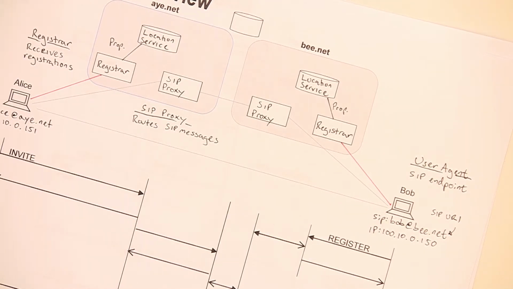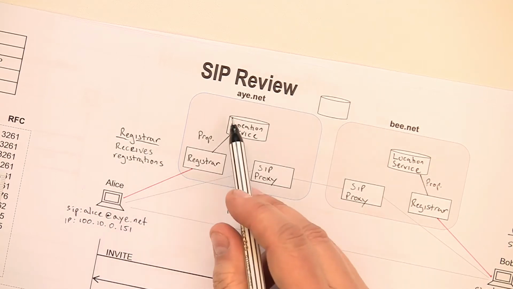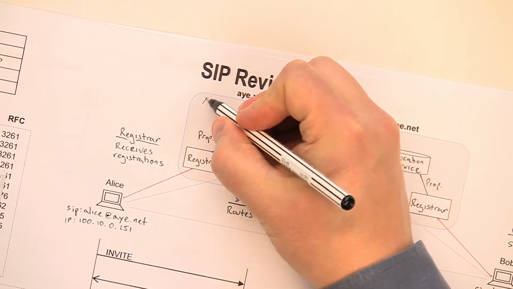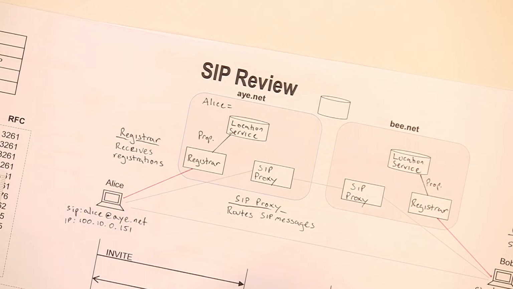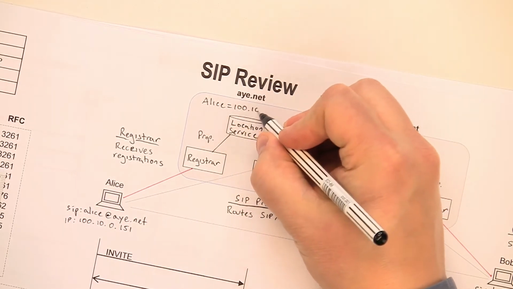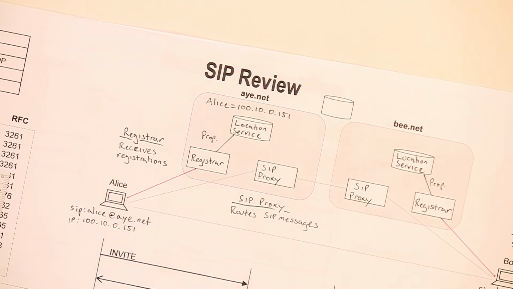So now we got some SIP lines, and we got a proprietary line with which the registrar writes in the location service. Now, what's going to end up in the location service is, of course, Alice and Bob's addresses. So what do you say? Let's put that in. Alice has this IP address down there, so that's what's going to be recorded up here in the location service. So now the A.net domain knows that Alice is at 100.10.0.151.